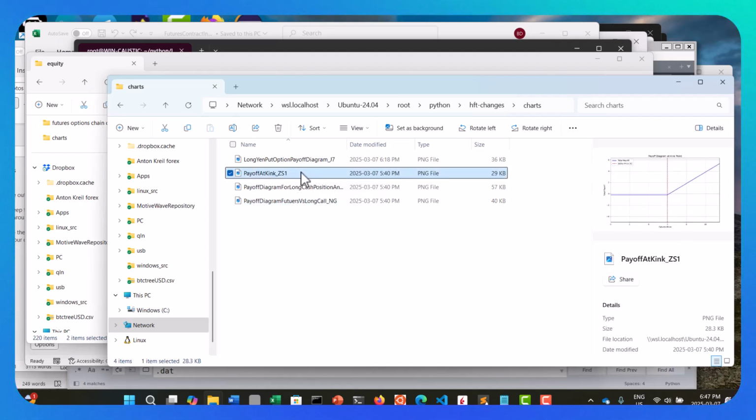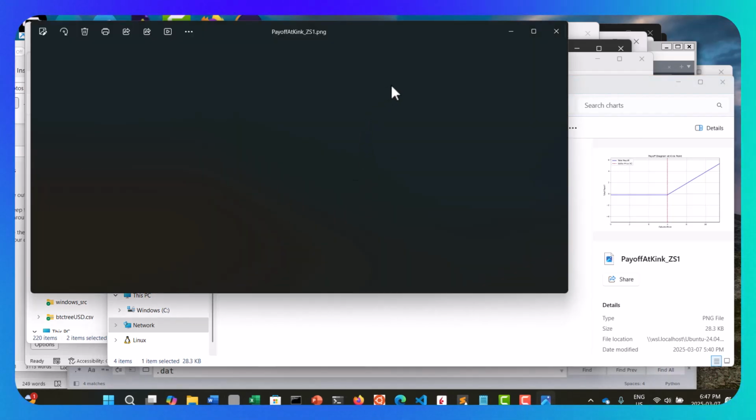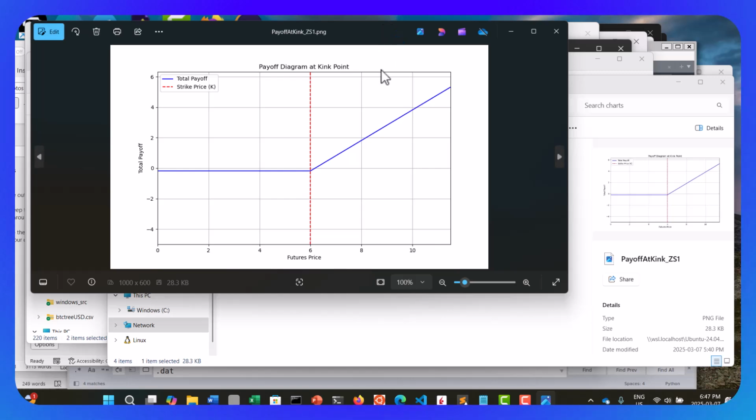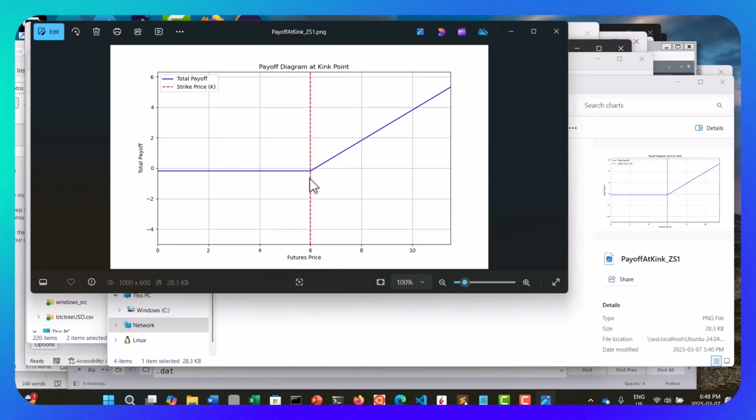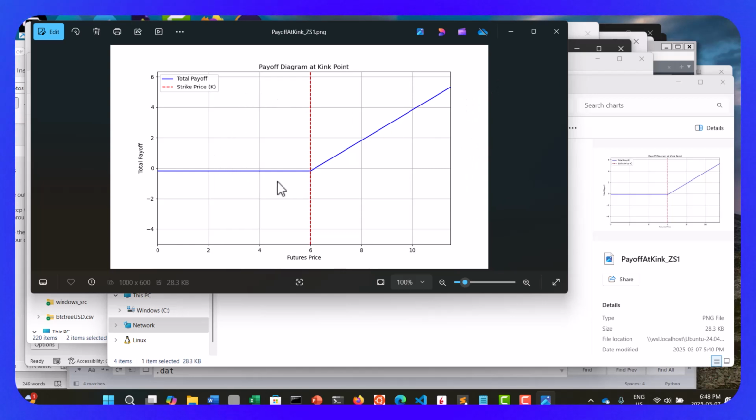So the next one we're going to look at is a soybean contract. This one is essentially a little easier to pick up on, where you have your break even for your payoff, and then once you calculate your strike price along with your total payoff on that, you can start making profit.